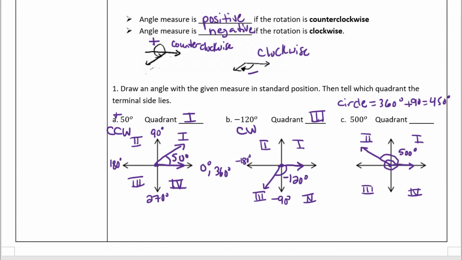Notice I did one full rotation, and then I went back over here, and that's my angle. Let me draw the little arrow here so that you can see. And that's counterclockwise. So this is located in quadrant 2.